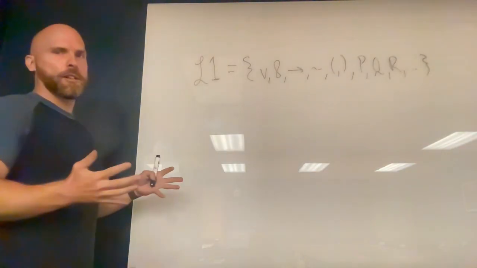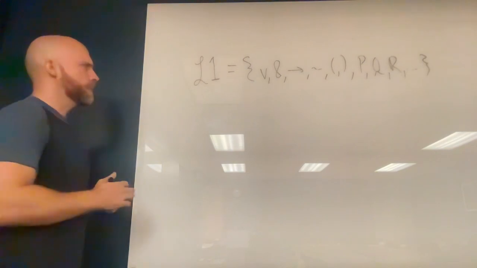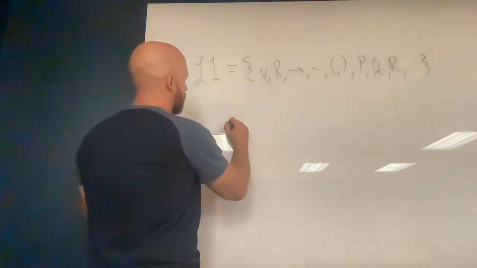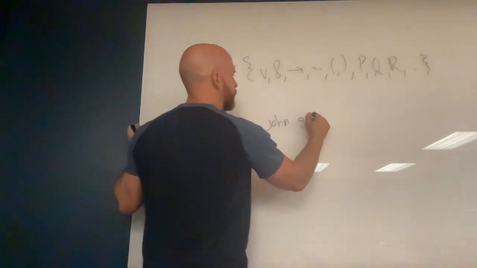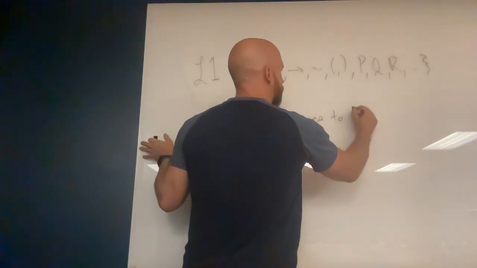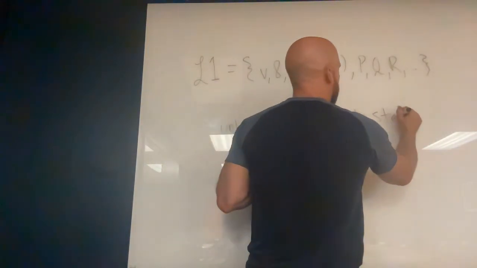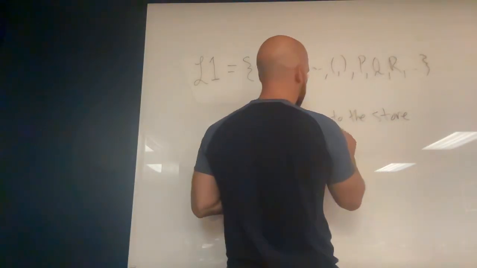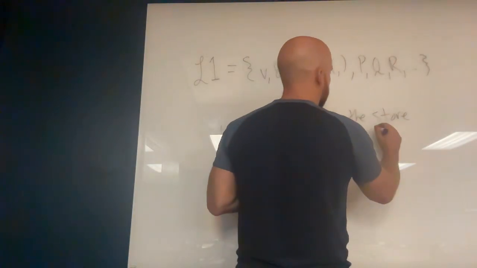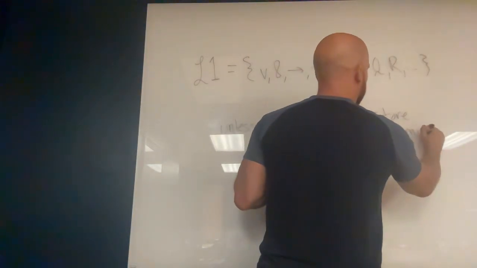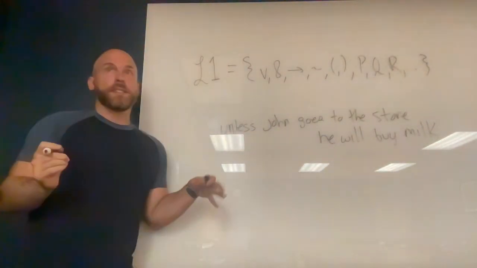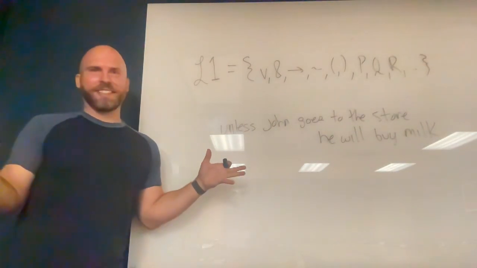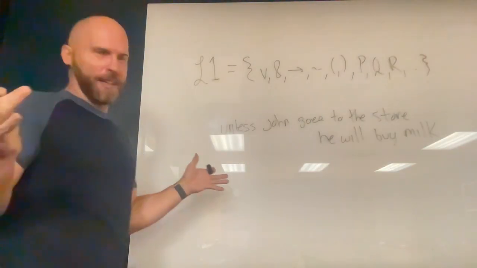In natural language, though, it can feel a little messy, so I could say something like, unless John goes to the store, he will buy milk. So now, how would we translate that in our logical language?